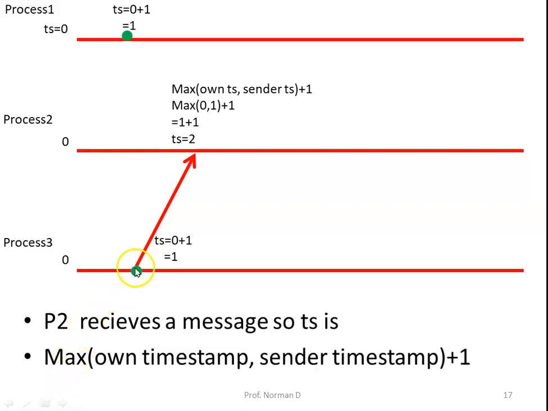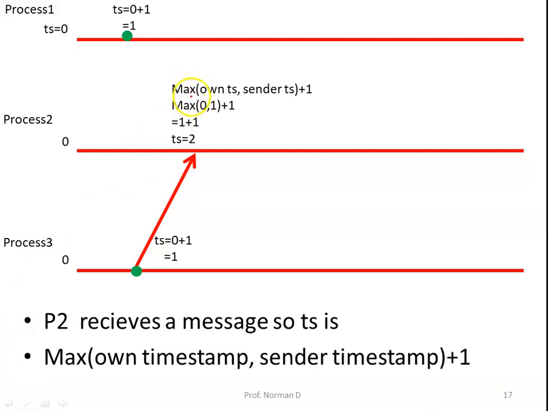Next, an event occurred in P3 wherein it has sent a message to process P2. It means process P2 has received a message. So now when it has received a message, we make use of this formula, that is the maximum of its own timestamp and the sender's timestamp, plus 1.